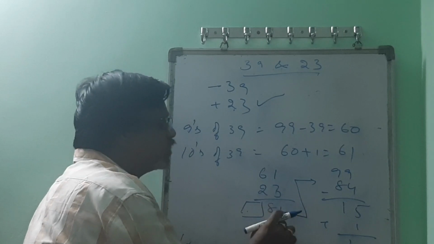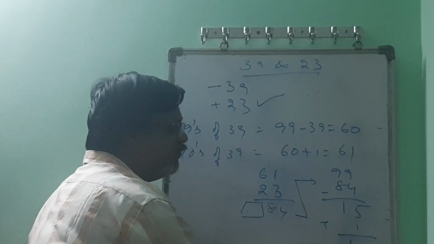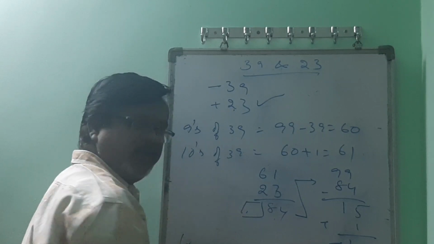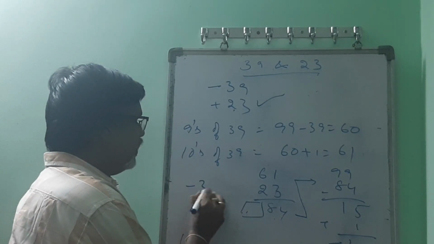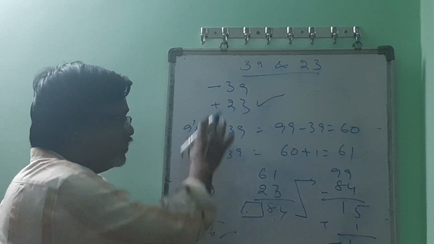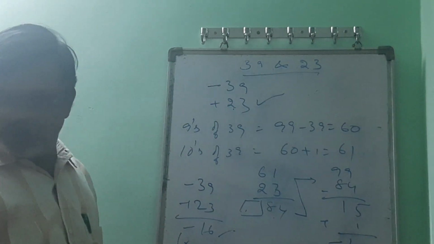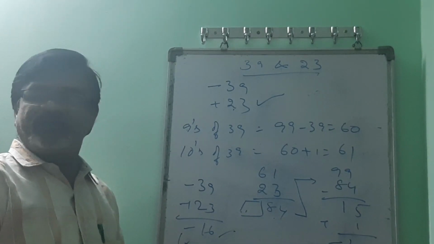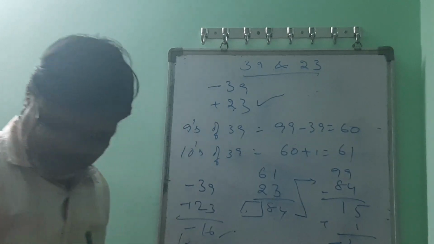Later you should convert it into the 10's complement, which gives 16, and as I told you, it is negative, so you put a negative sign. So minus 39 plus 23, the result you will get is minus 16. This is the way we perform arithmetic operations by using the R's and R minus 1's complements.